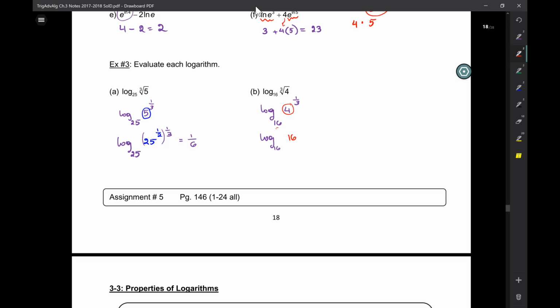Take a square root, which is to the power of 1/2. And then that to the power of 1/3, so you get 1/6 again. It's weird because it's the first time somebody's asking you to go the other way, okay?